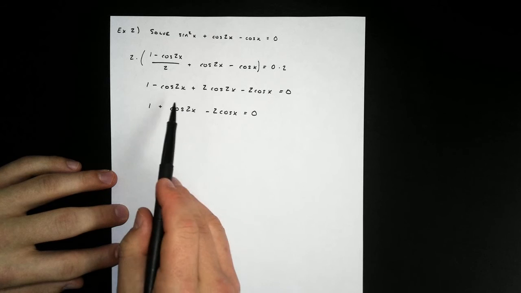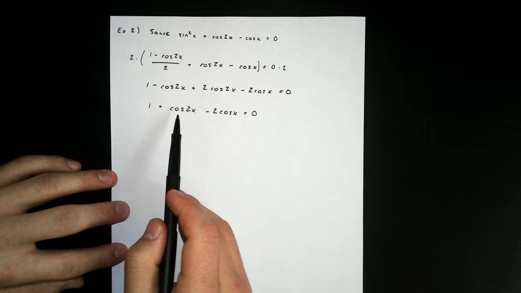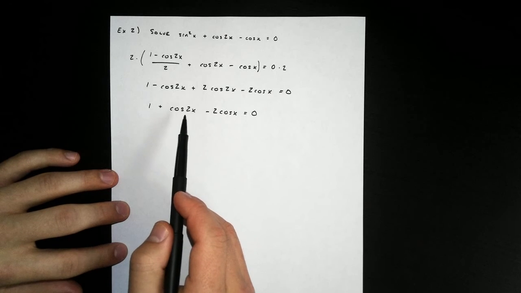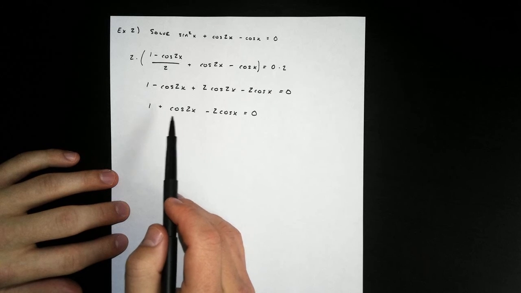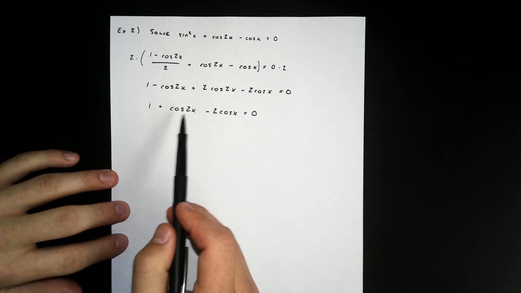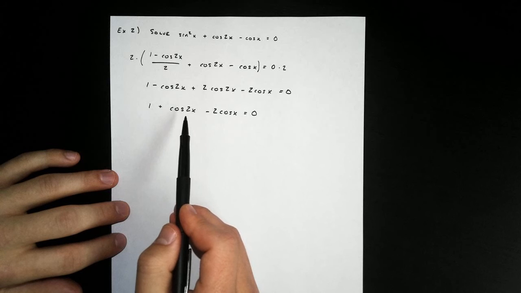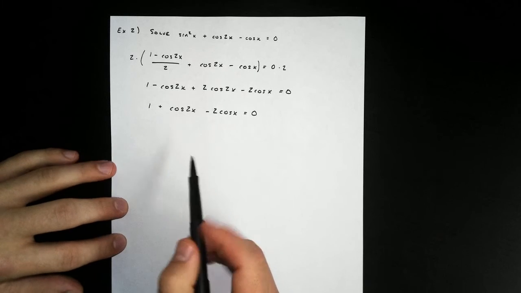But we do have an identity that we can work with for the cosine of 2x. We've talked about this before, but for the cosine of 2x there are actually 3 possibilities. One has cosine and sine, one just has sine in it. The one I want to use in this case is the identity that only has cosines in it, because my equation only has cosines.